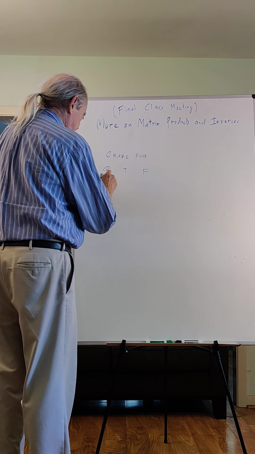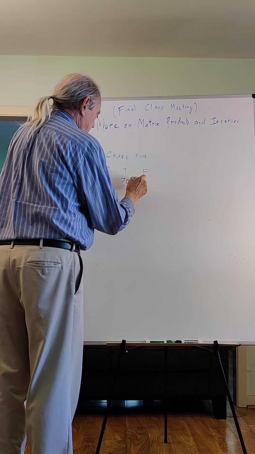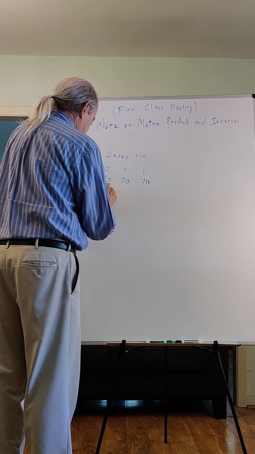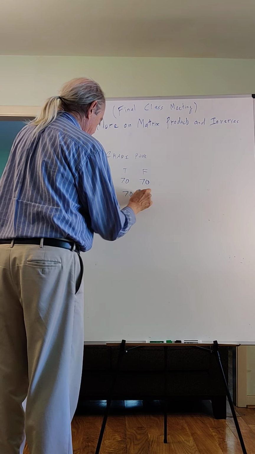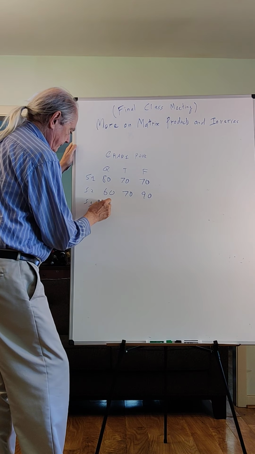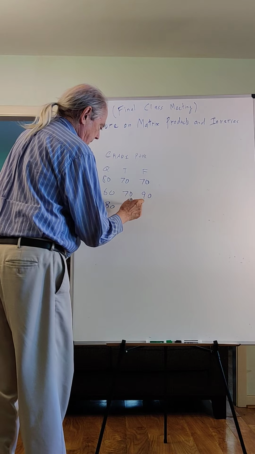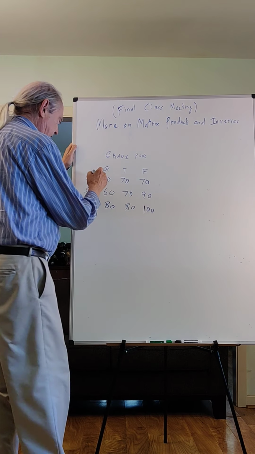So we might have a situation like this: 80, 70, 70, 60, 70, 90, 80, 80, 100. Someone got serious there and made 100 on the final.